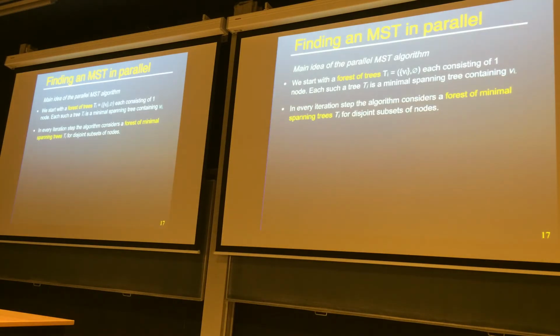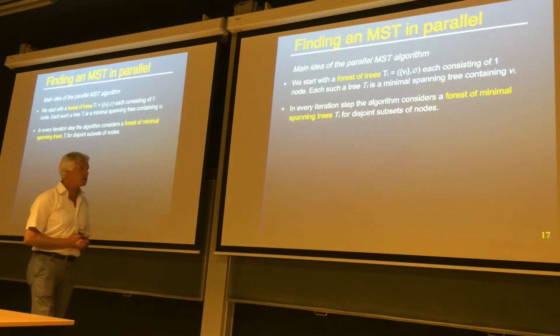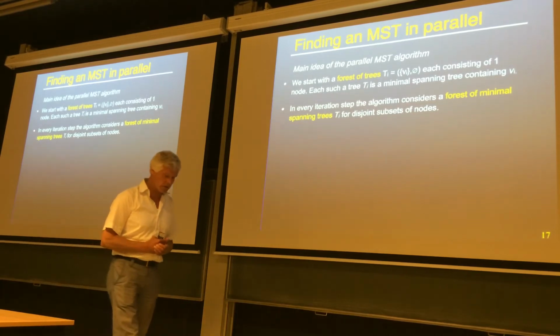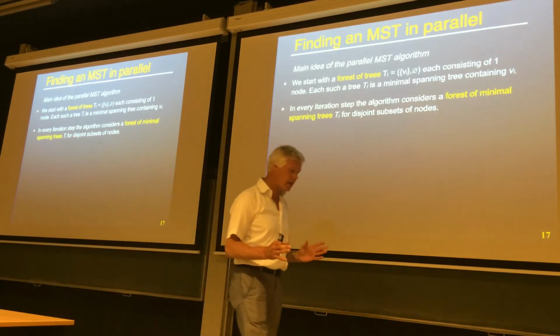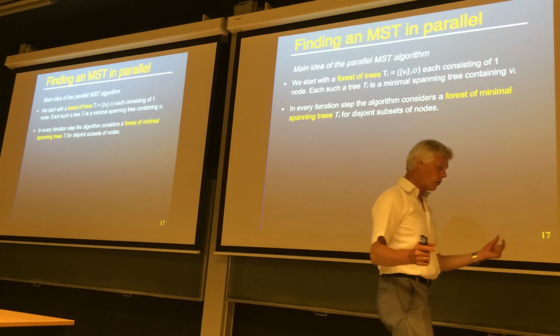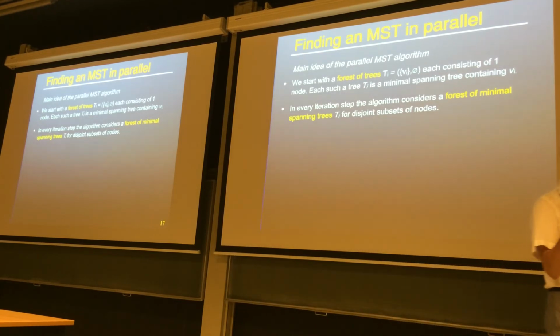Then in every iteration step, you consider a forest of minimal spanning trees for disjoint subsets. So in the beginning, you consider all these isolated nodes with their minimum spanning trees.